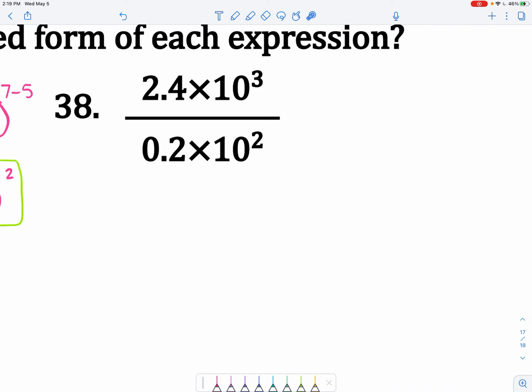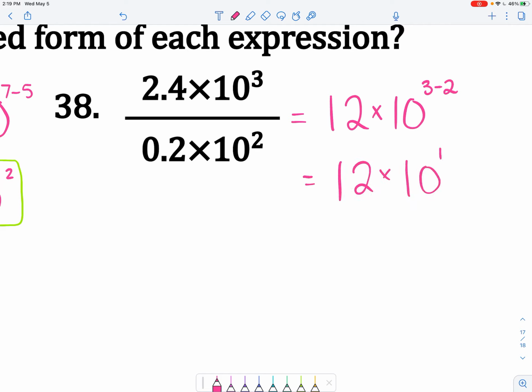For 38, I'm going to divide those coefficients of 2.4 and 0.2, and that's going to give me a 12. And then for my powers of 10, I'm going to subtract my exponents here. Subtracting my exponents gives me an exponent of +1.